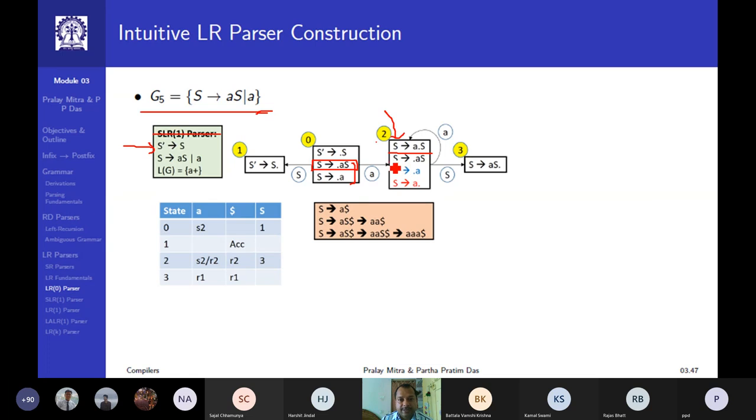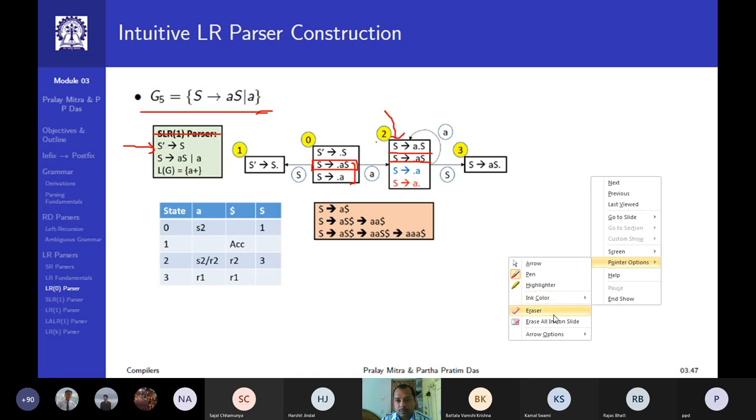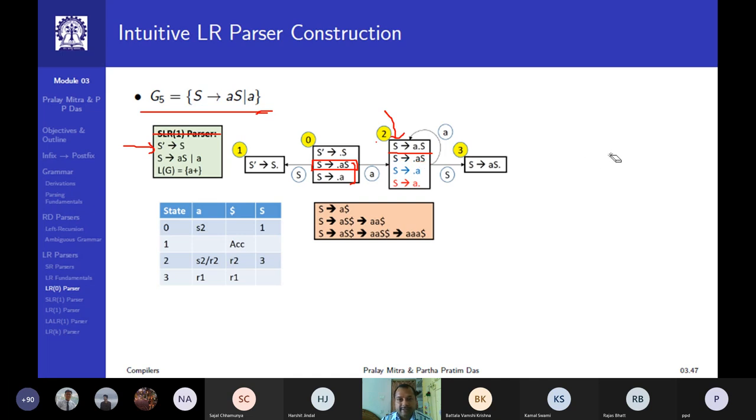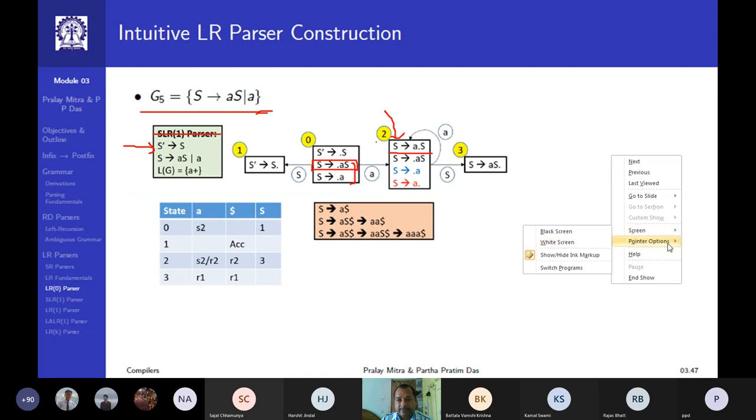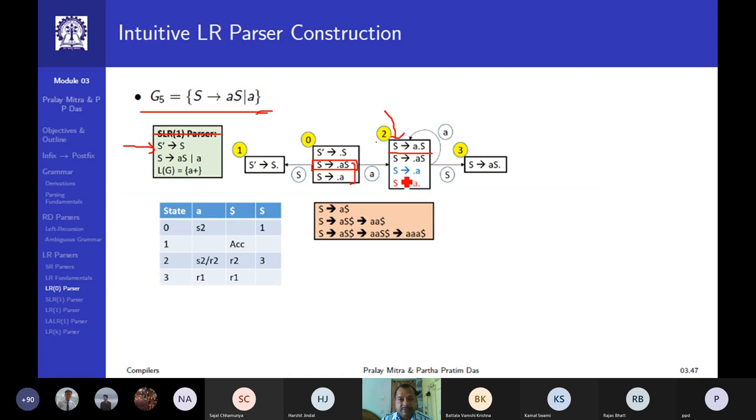What are the other items? S derives dot AS and S derives dot A. So these two have come as part of the closure property of the first item.